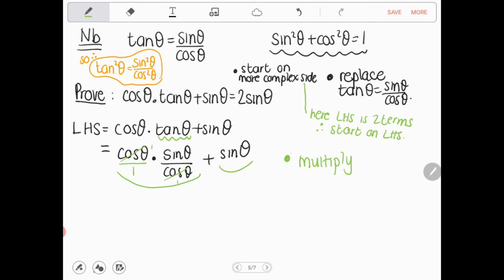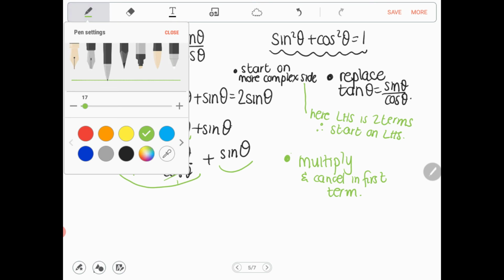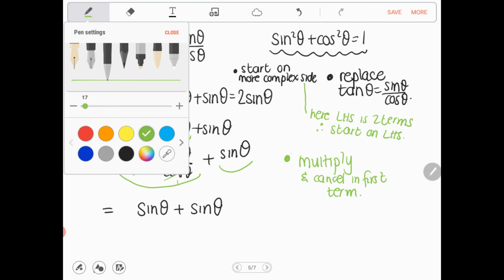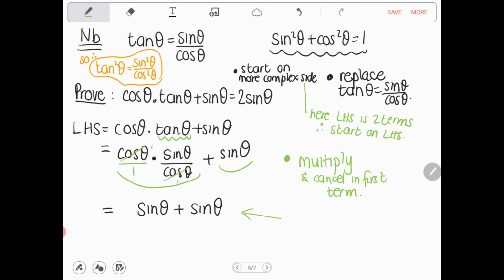So we multiply and cancel in first term. And then we keep going. Algebra, so this is going to be sine theta plus sine theta. And what are these? These are like terms. Okay, so you've got 2 terms, they're like terms.